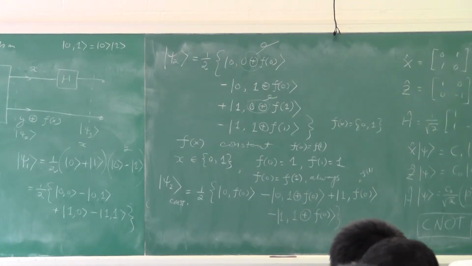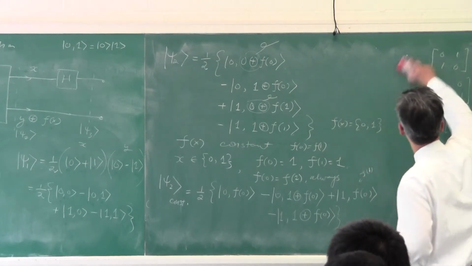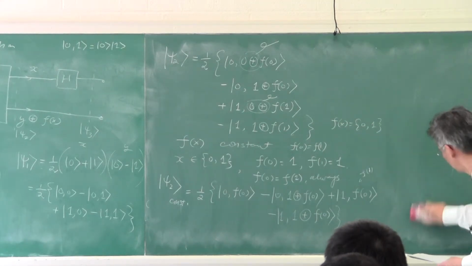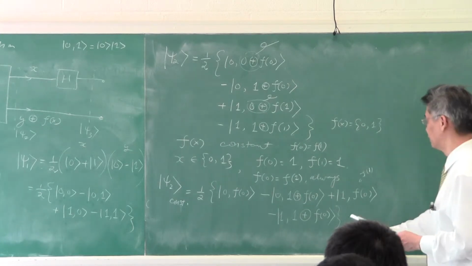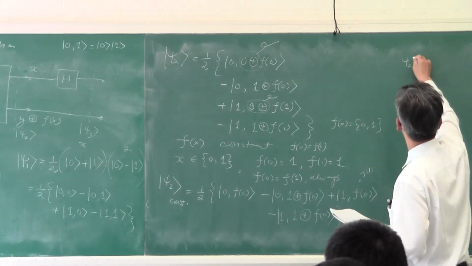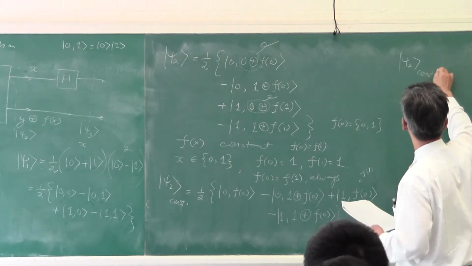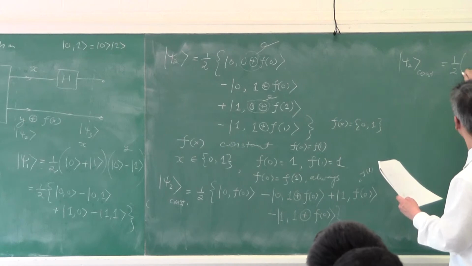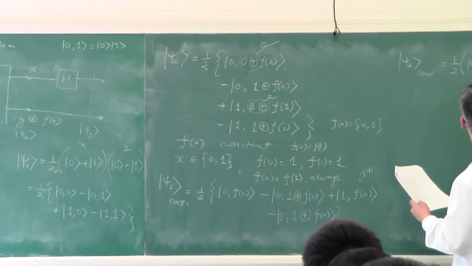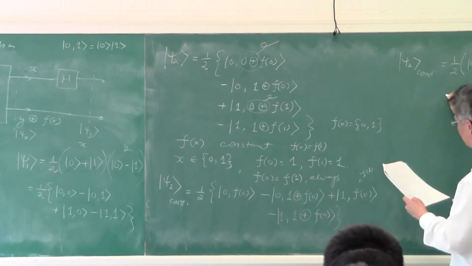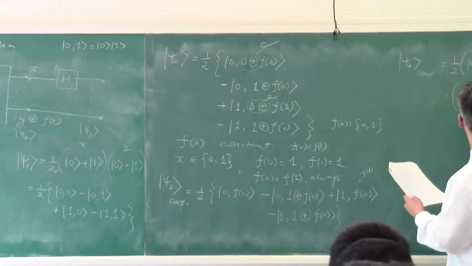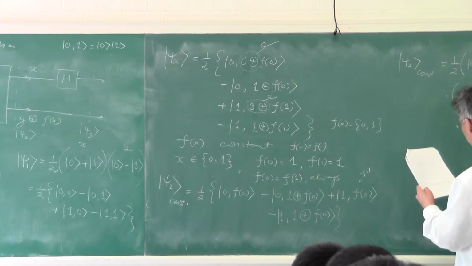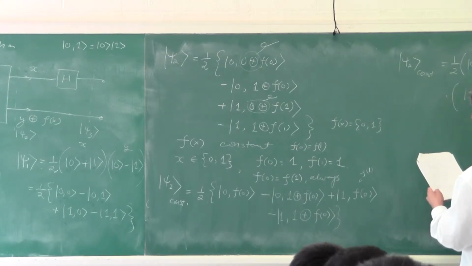And then if I write it in this manner, I can factorize this as a product of two terms: 1 over 2, 0 plus 1, multiplied by f of 0 minus 1 plus f of 0.